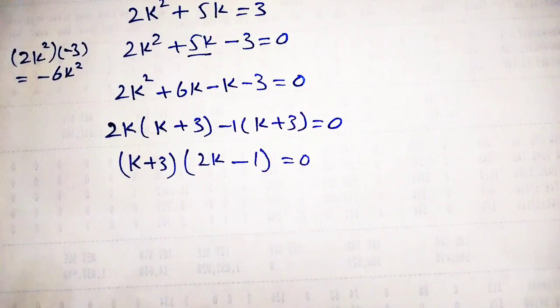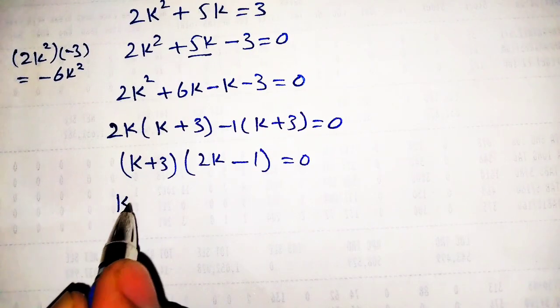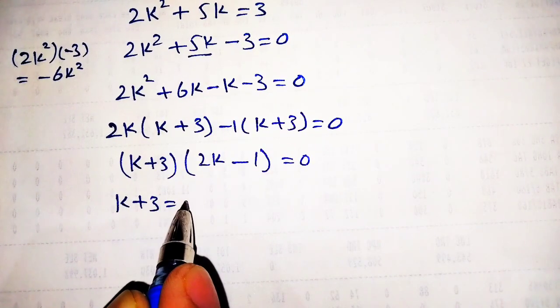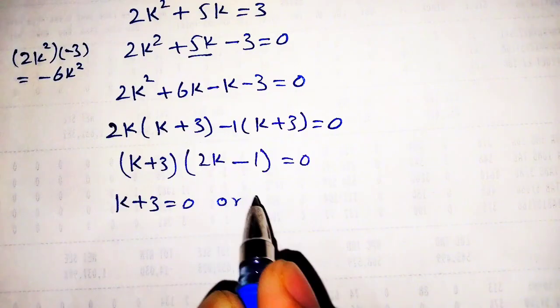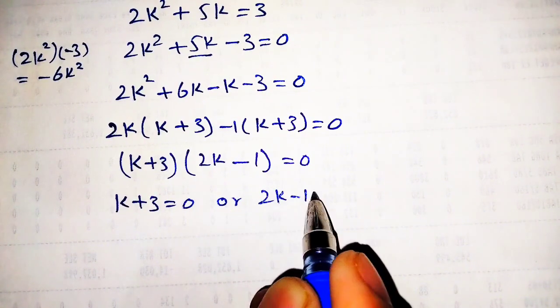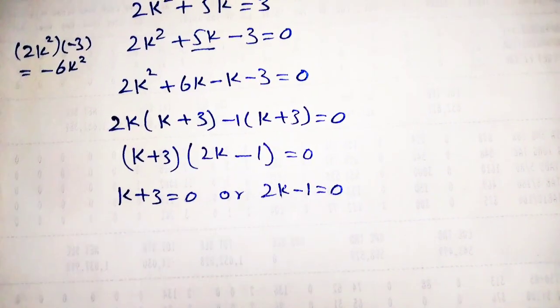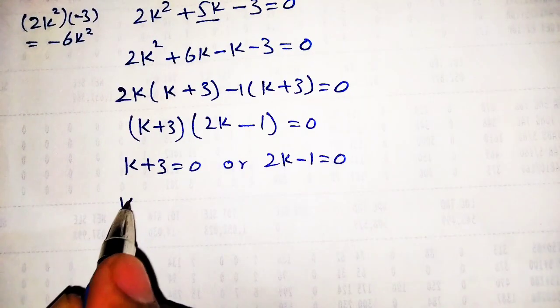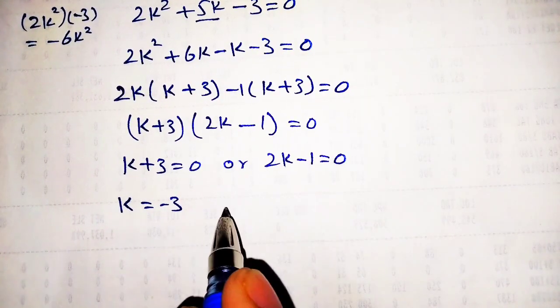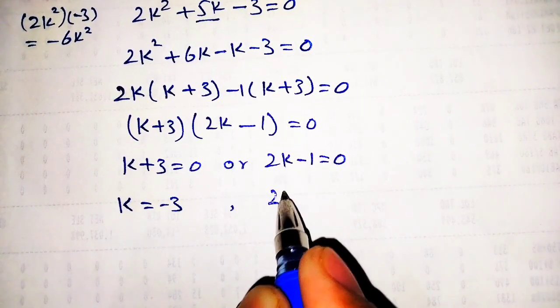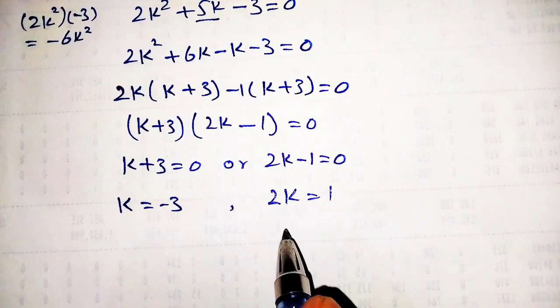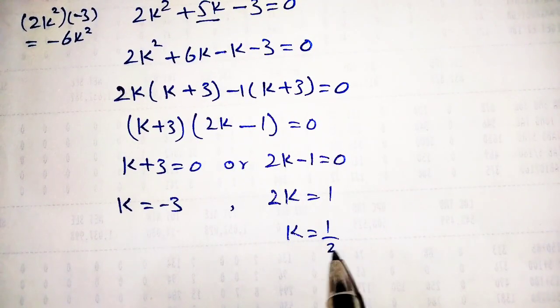Now from this we can find the roots as k plus 3 is equal to 0 or 2k minus 1 is equal to 0. Now from this the value of k is minus 3, and from this 2k is equal to 1 and the value of k is 1 over 2.